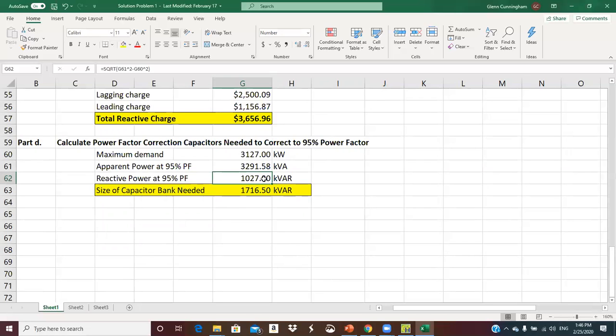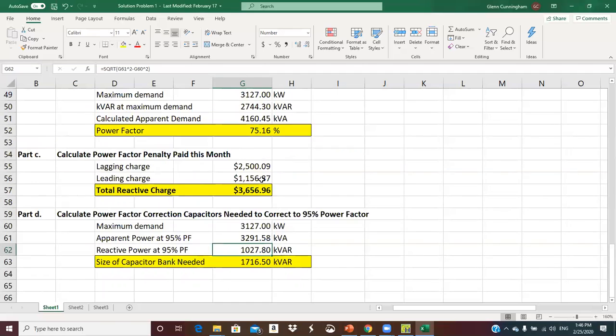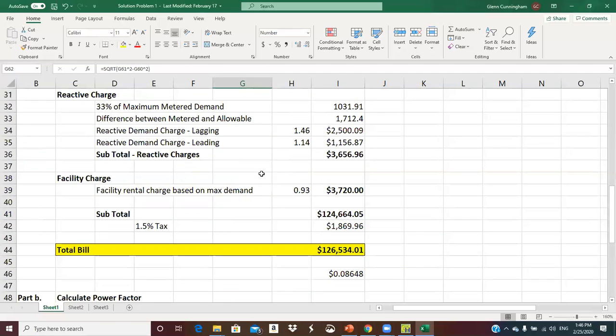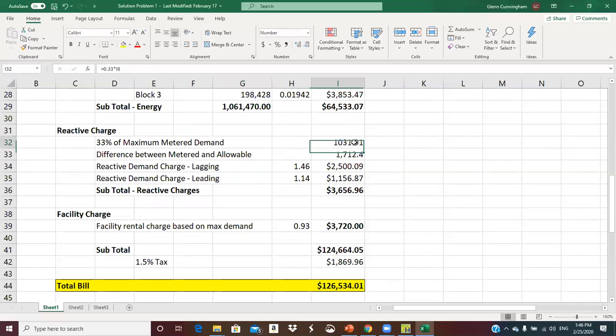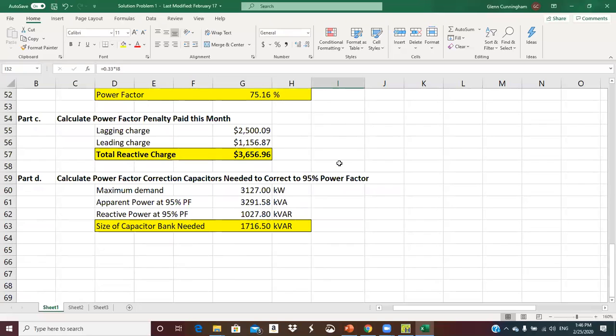But anyway, this is the allowable. So there's the demand. You divide by 0.95. That gives you the kVA. Then you use Pythagoras' theorem to get the allowable kVAR. We already had allowable kVAR up here based on this one. I guess rounding or something comes out slightly different, but it's pretty much the same thing.